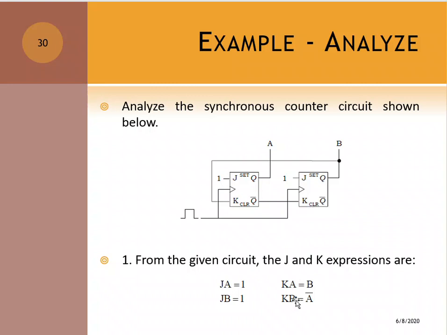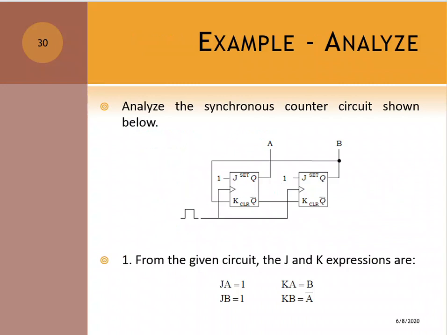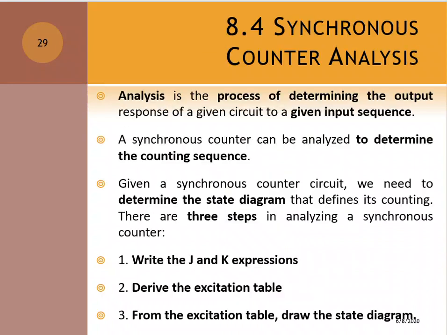That's why KB equal to A bar. Next, once you have all the expressions for JA, KA, JB, KB, depends on how many flip-flops you have. In this circuit, we have only 2 flip-flops A and B, so that's why we have JA, KA, JB, KB.